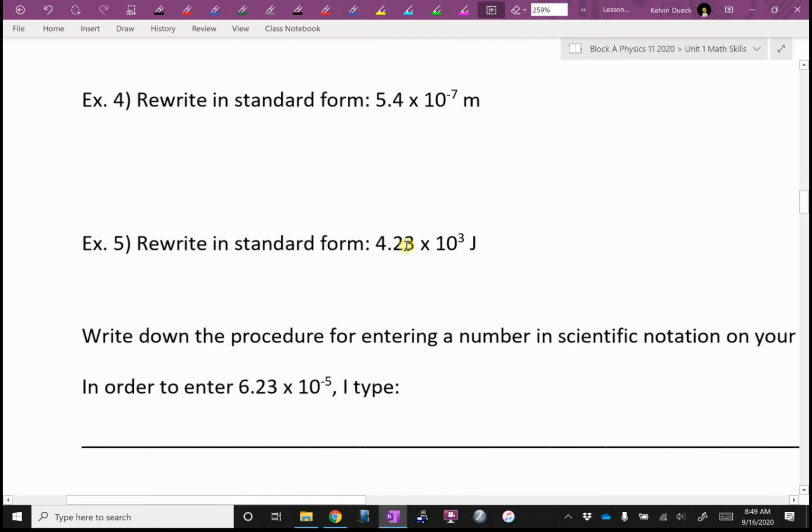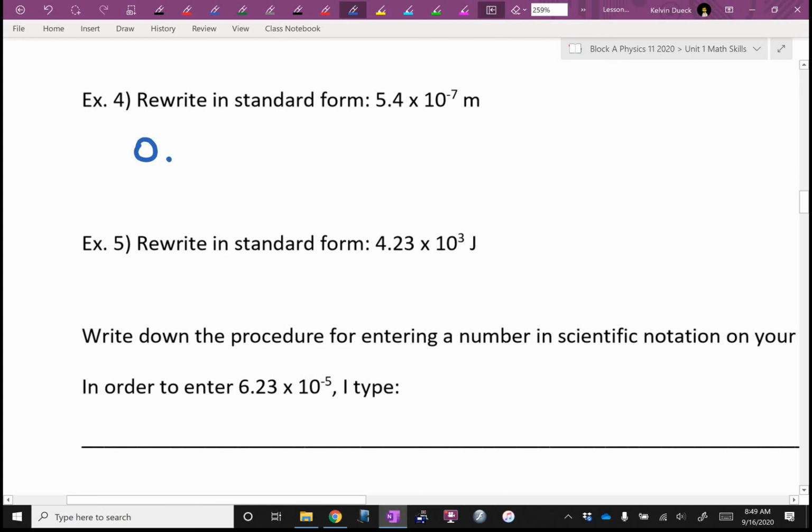You also need to be able to take a number in scientific notation and unscientific notation it. Rewrite it in what we call standard form. So 5.4 times 10 to negative 7. The fact that it's a negative 7, this number is going to be a decimal less than 1. 0 point.